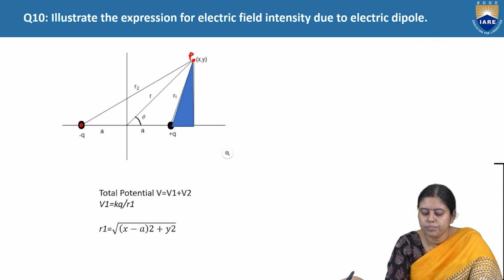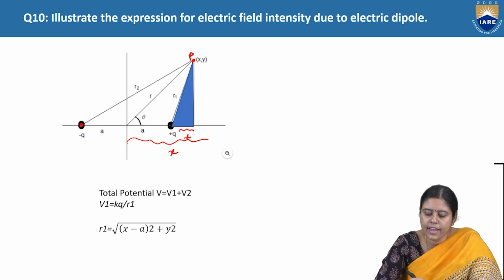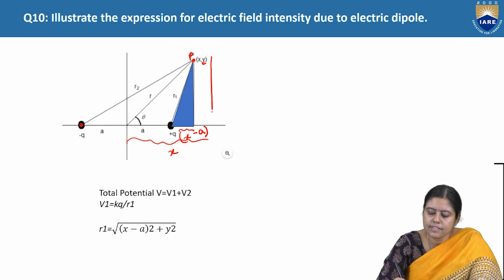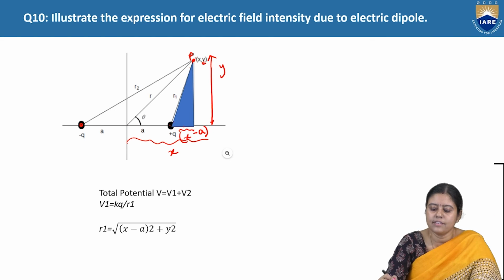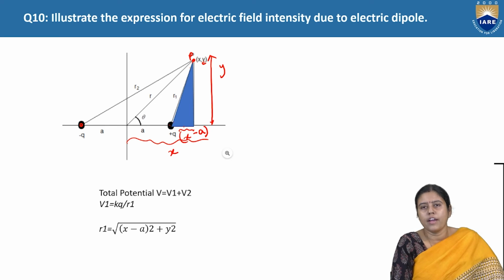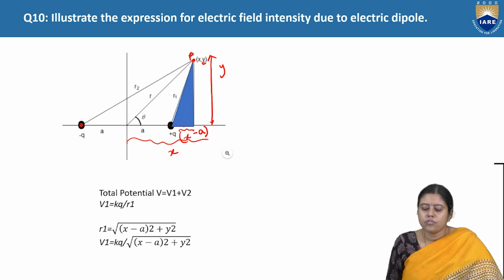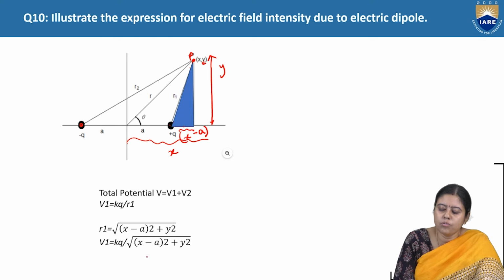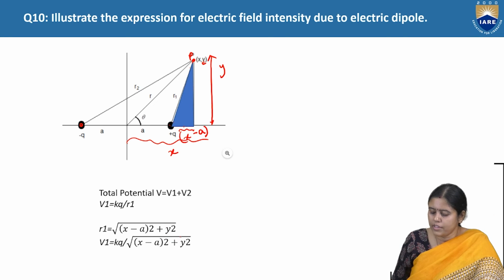If the distance from the center is X and this distance is A, then it is X minus A. This distance we are taking as Y, so the coordinate is X, Y. So R1 is equal to root of (X minus A) squared plus Y squared, and V1 is equal to KQ by root of (X minus A) squared plus Y squared.